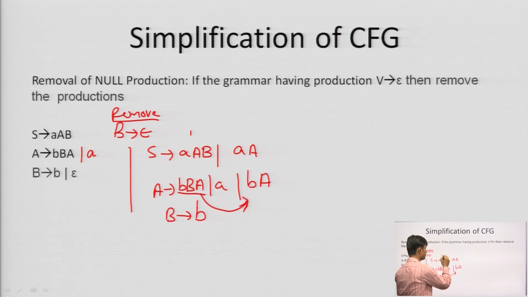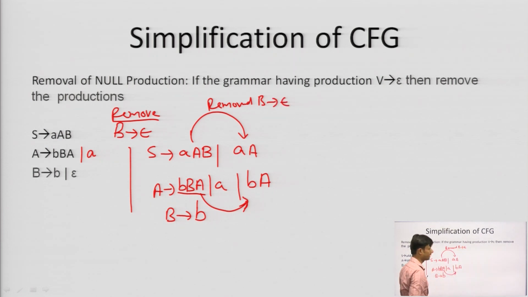So, remove epsilon, in this production this is removed epsilon, removed B to epsilon or put B to epsilon. So, here we got the new grammar. What is the grammar here?